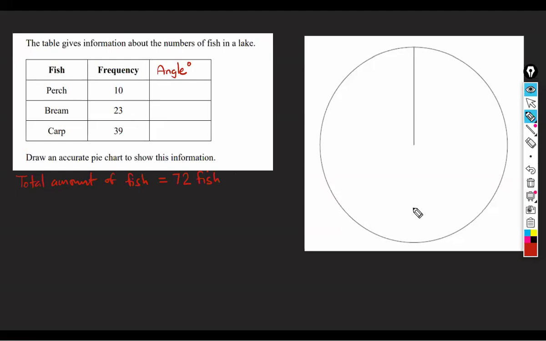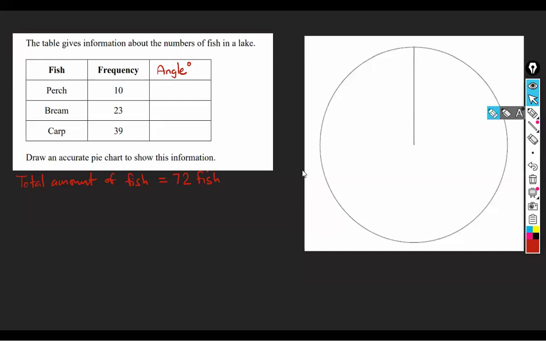Now, a circle is how many degrees? If you were to add up all the angles in a circle, how much would you get? That's a primary school question. It's 360 degrees. So here's the thing. What we have, you call this a relationship. If all the fish is 72, then 72 fish is supposed to represent the whole pie chart, 360 degrees.